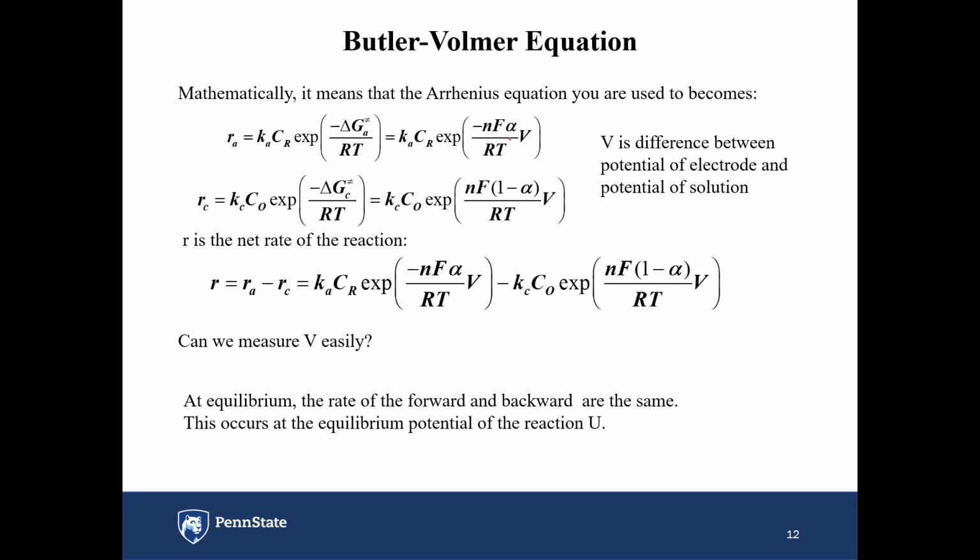Okay, so by understanding this, we are already very close to understanding thoroughly the Butler-Volmer equation, because here R is the net rate of the reaction, right? And R is equal to R anodic minus R cathodic, or forward minus backward, right? And we can draw the equation like this based on the share of the total energy change.